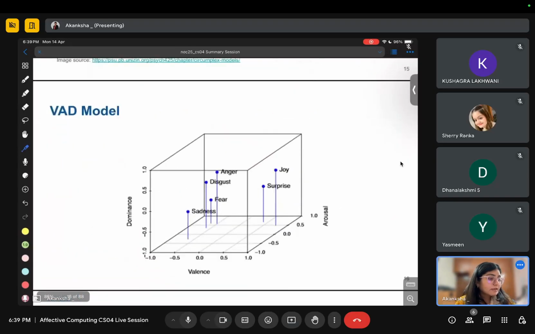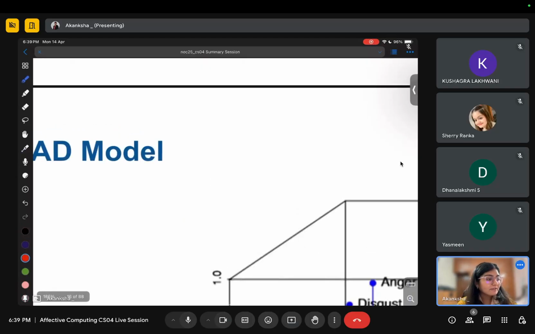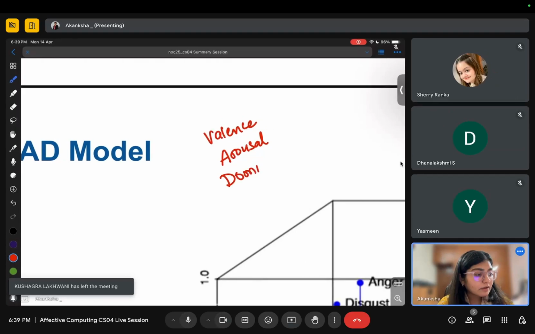Okay, now there is another model. Till now we saw two models. First is categorical, second is the VA model, which is the valence arousal model. Now the valence, arousal and dominance model. So what is dominance?